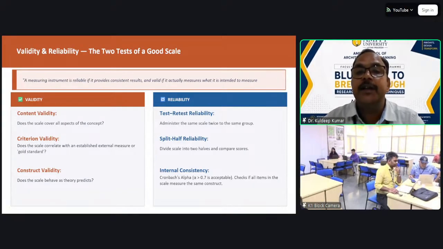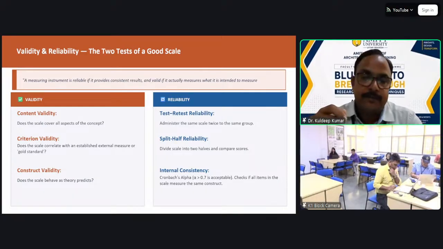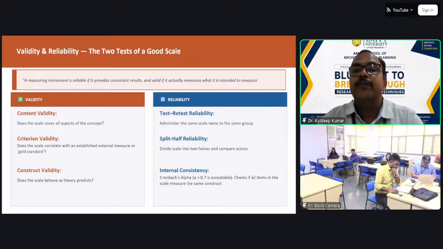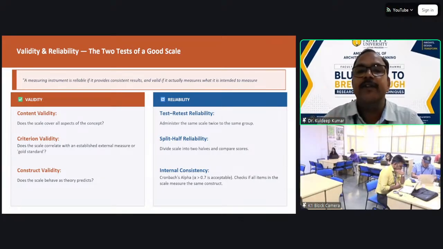Content validity asks: does the scale cover all aspects of the concept you are trying to measure? For example, if you're measuring thermal comfort, but your questionnaire only asks about temperature and not about humidity, air movement, or radiant heat, your scale has low content validity.